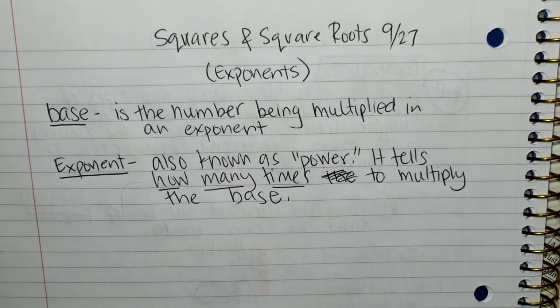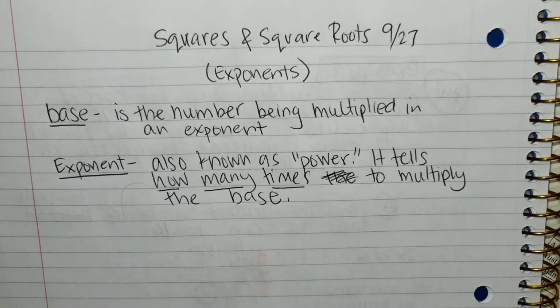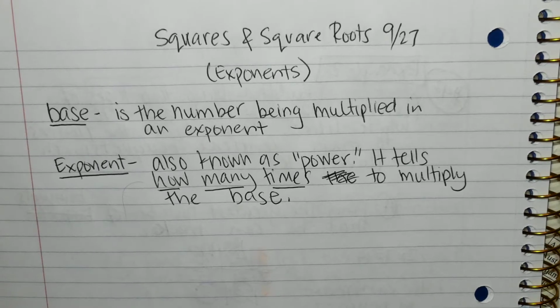So you have a base number with an exponent. The base number is the one you multiply. The exponent tells how many times you do that.